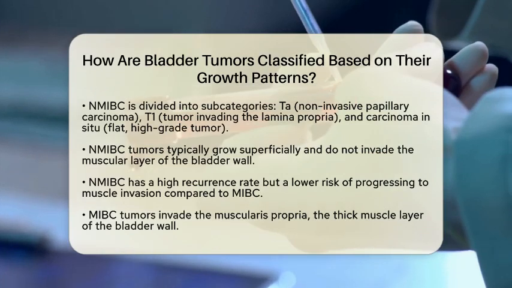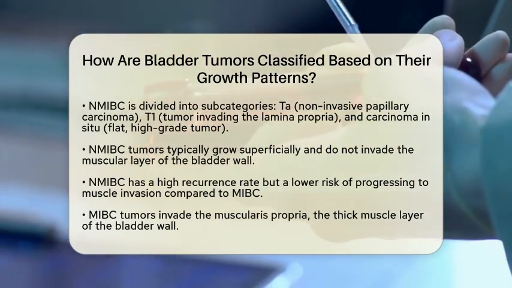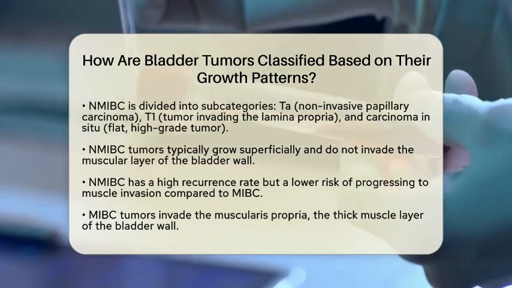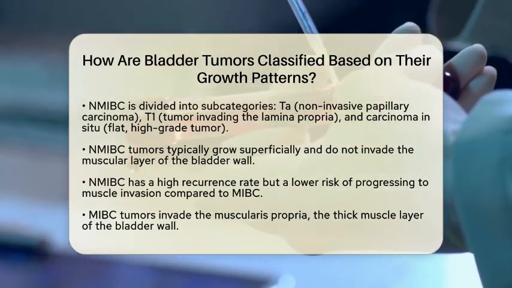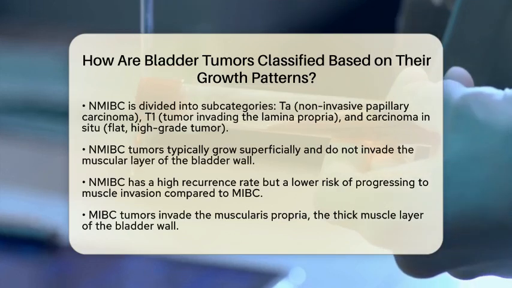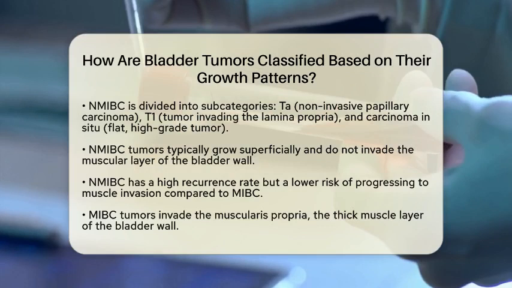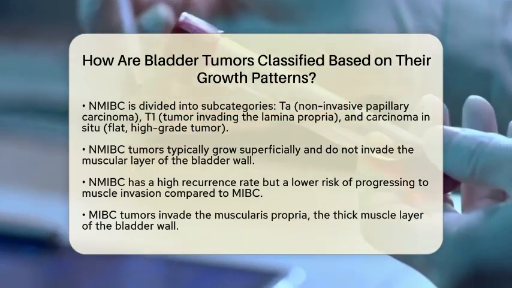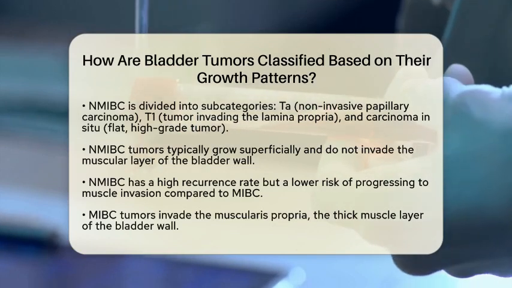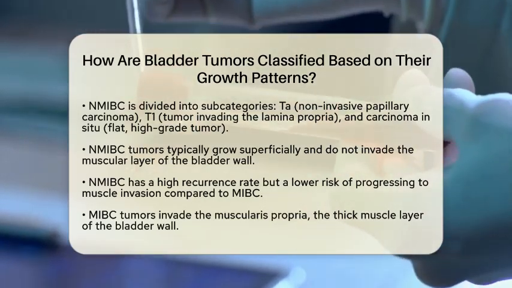While NMIBC has a high recurrence rate, it has a lower risk of progressing to muscle invasion compared to muscle-invasive bladder cancer. On the other hand, muscle-invasive bladder cancer, or MIBC, involves tumors that invade the muscularis propria, which is the thick muscle layer of the bladder wall. MIBC is classified as T2 or higher, indicating deeper invasion into or beyond the muscle layer.